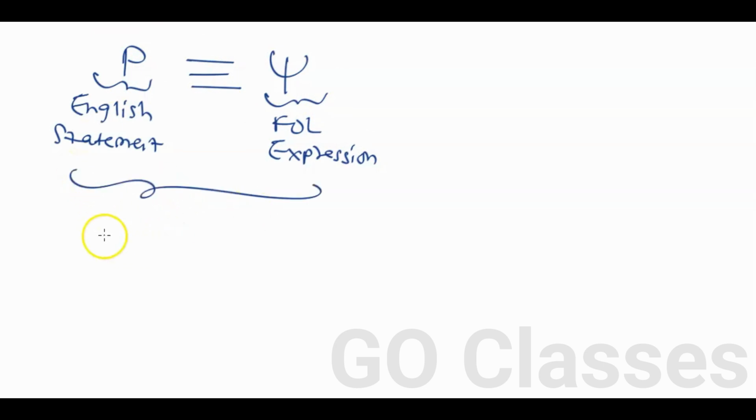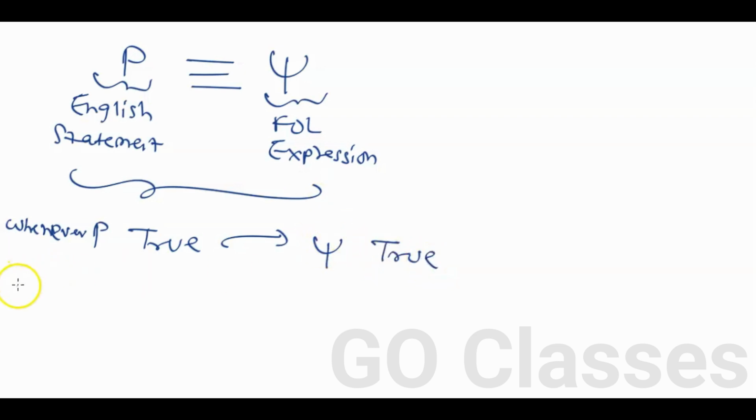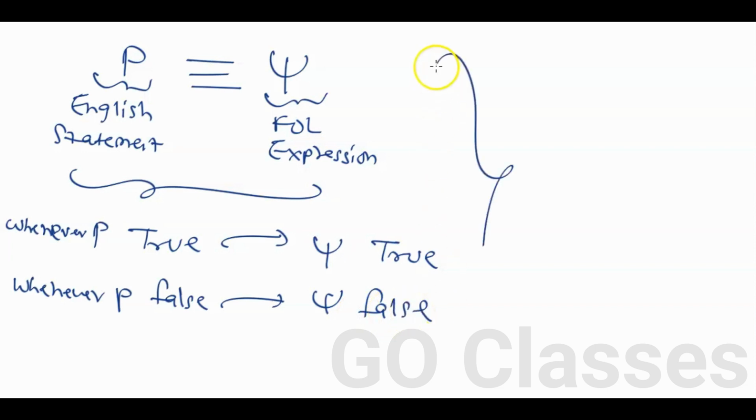We can say that whenever P is true, this expression also must be true, and whenever P is false, this expression also must be false. So this is the simple point.